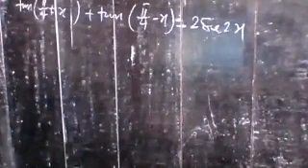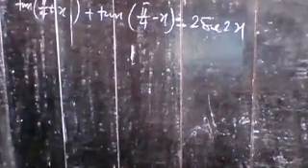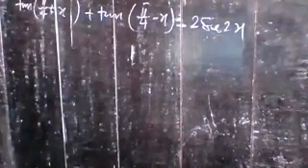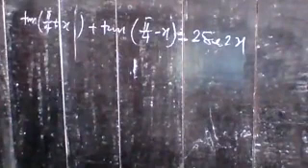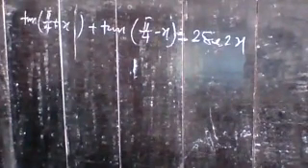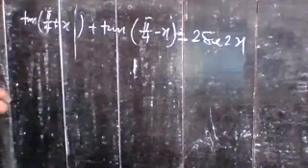You have to prove this result. Tan pi by 4 plus x plus tan pi by 4 minus x is equal to 2 sec 2x.